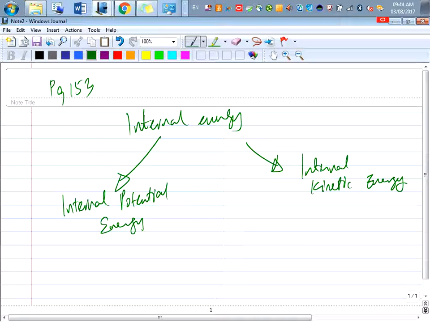Internal kinetic energy. What do we learn in the previous chapter? How is it related to temperature? Did we learn that the higher the temperature, the more they vibrate? That's right.